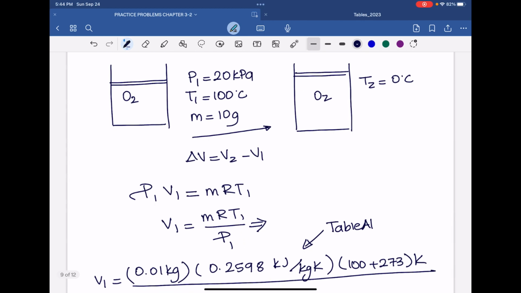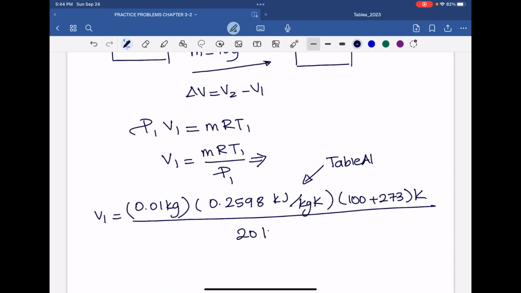And pressure is 20 kilopascal. See, you need to be careful here because kilojoule is kilopascal times meter cubed. Therefore, the pressure unit has to be kilopascal and the temperatures have to be in Kelvin. If we are dealing with the ideal gas equation, these are important points.